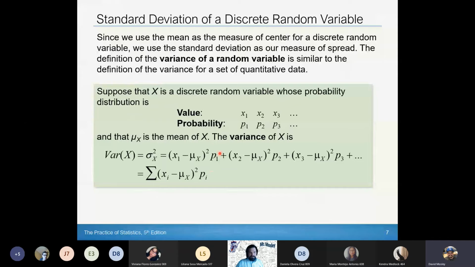So again, we have that accounting for the fact that these are not all equally likely. There are unique probabilities to each outcome, right? Plus the difference between second outcome minus the mean squared times probability, so on and so on until we run out of outcomes. And shorthand wise, we can write this as the summation of all outcomes minus the mean squared times their probabilities.